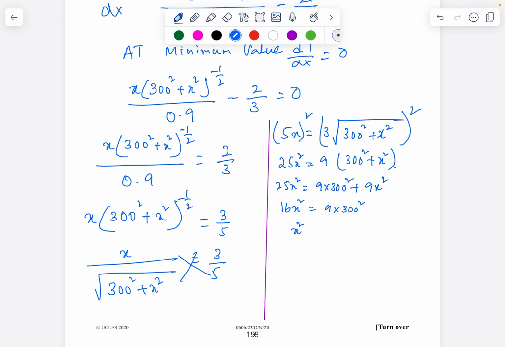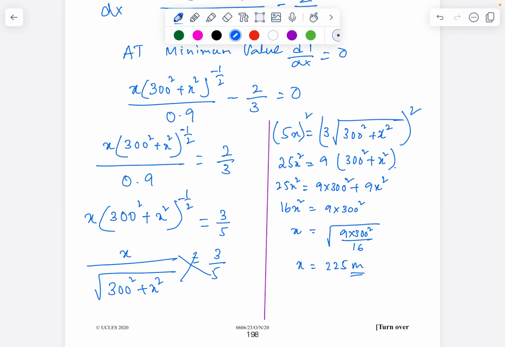So x square equal to, basically let's write x equal to directly. x equal to the square root of 9 times 300 square over 16. Let's see what will be our answer. This gives me x equal to 225 meters.